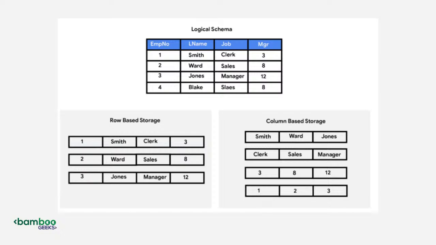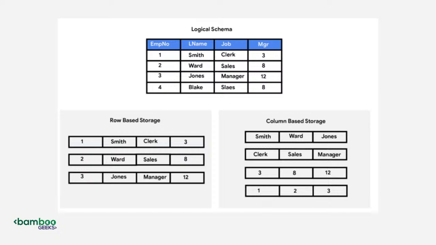When we are dealing with column-based storage, it's like a switch. Instead of each row holding the employee number, last name, job, and MGR number, now in each column we have that information.